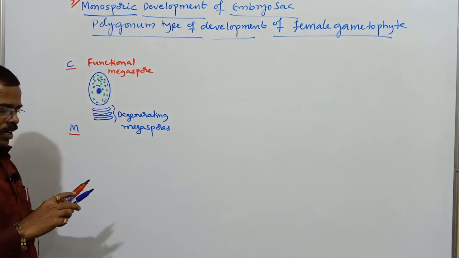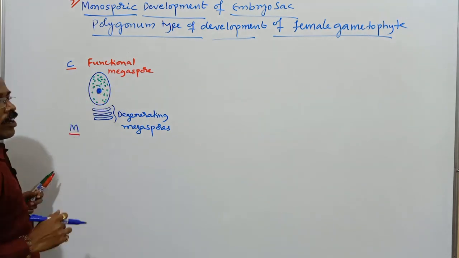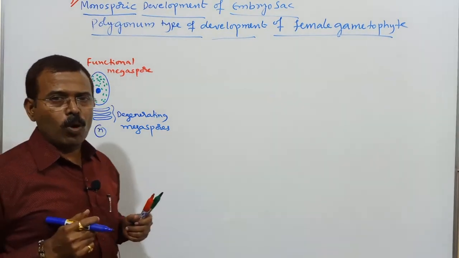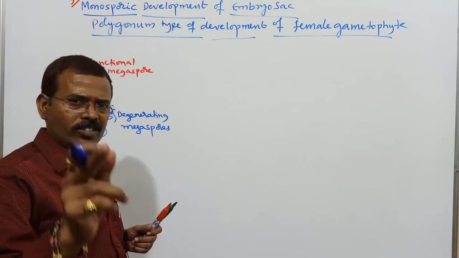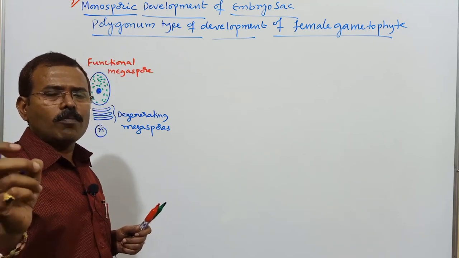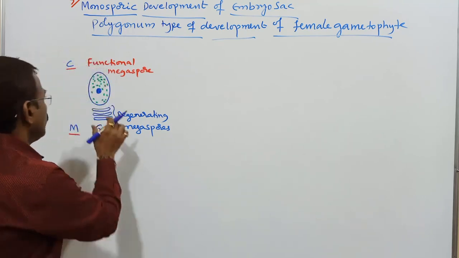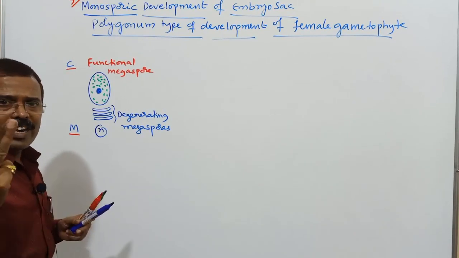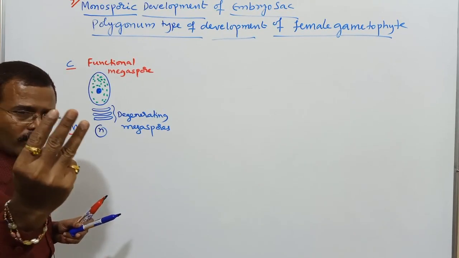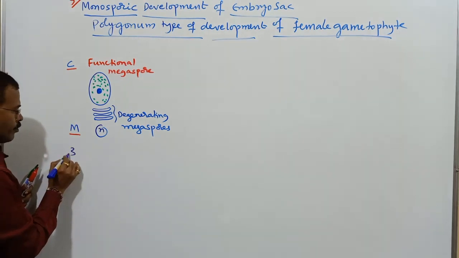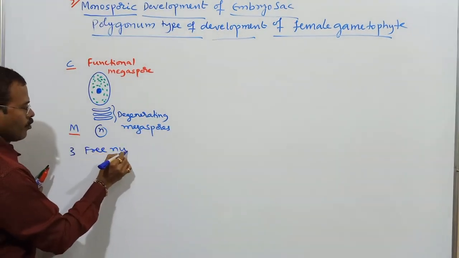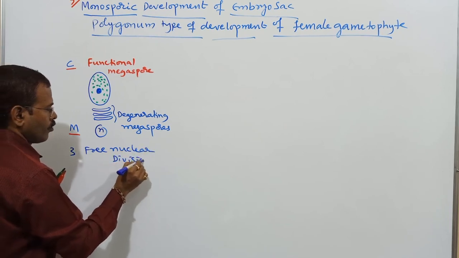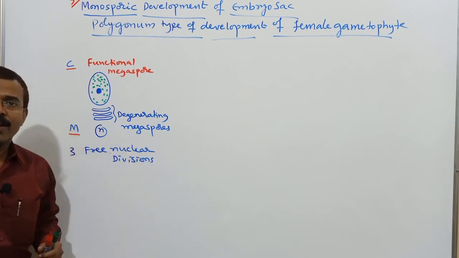This functional megaspore is haploid. Remember, nucellus is diploid, megaspore mother cell is diploid, whereas functional megaspore is haploid. So this functional megaspore will undergo 3 free nuclear divisions.